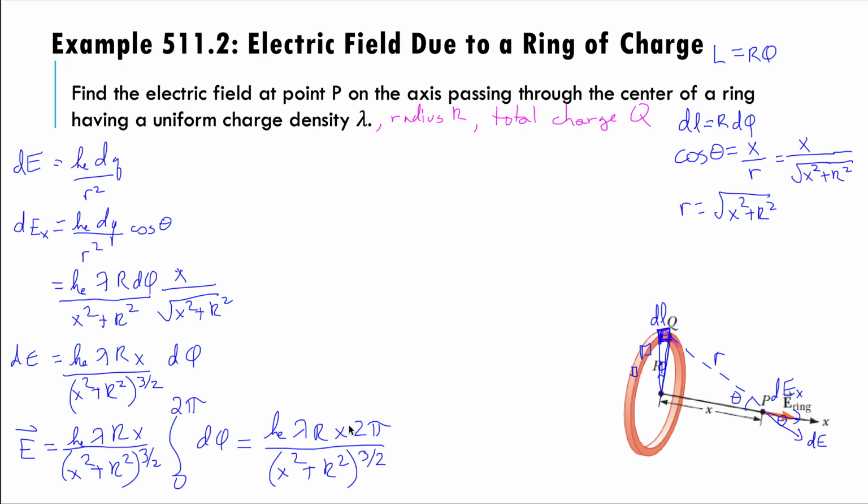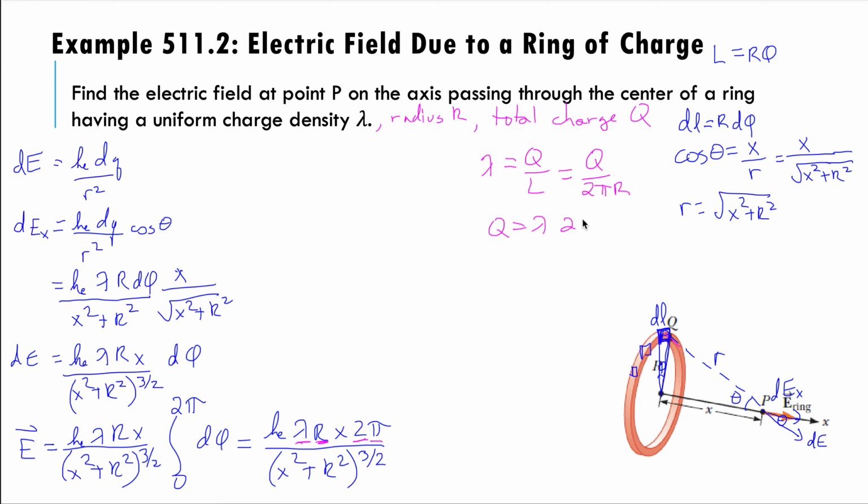And then the final simplification that we can make, because I mentioned that we could say that there is a total charge q. Well, we know that the linear charge density is q per L, where the length here is the circumference, and the circumference is 2 pi r. So if we look at our answer here, we do have a lambda right here and a 2 pi r, and that is equal to q, right?